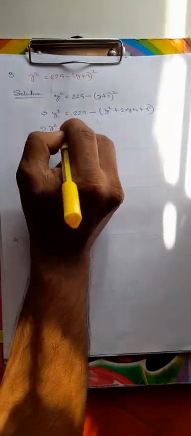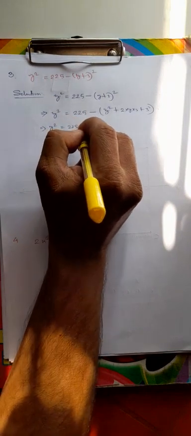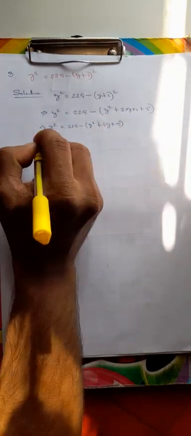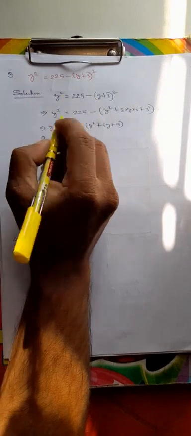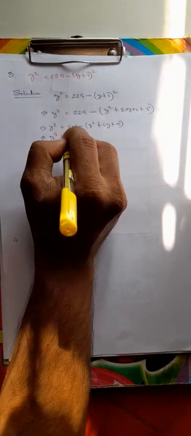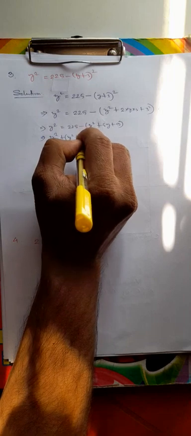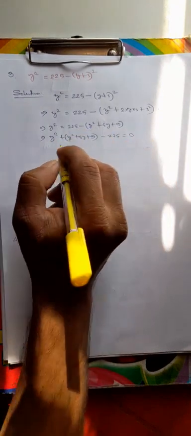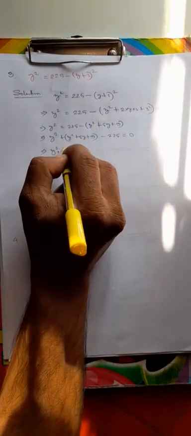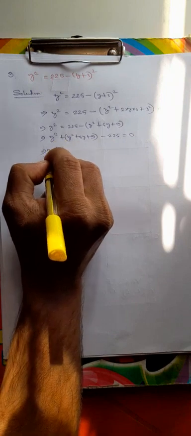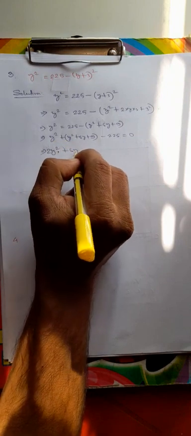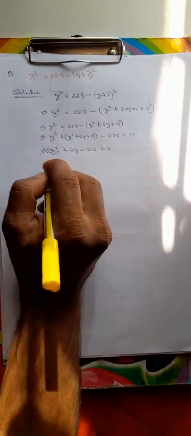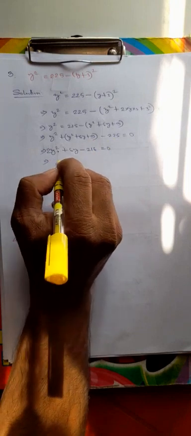This implies y square equal to 225 minus y square plus 6y plus 9. Now transposing all this to the left hand side, we get y square plus y square plus 6y plus 9 minus 225 equal to 0. Now this becomes twice y square plus 6y. Now 9 minus 225 means minus 216 equal to 0. Now both sides are divisible by 2.